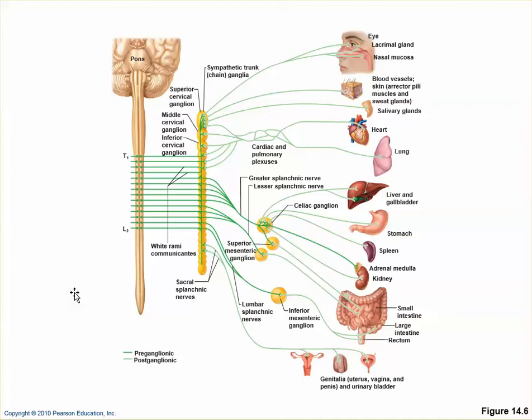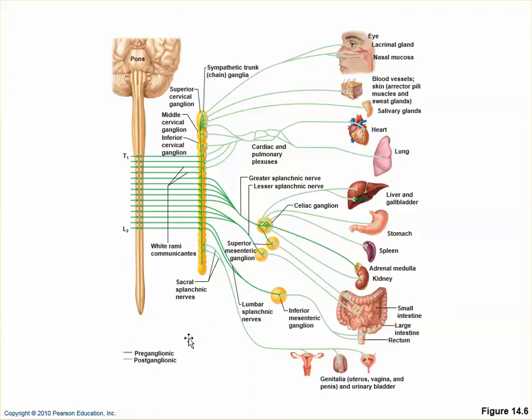So there's a greater and lesser splanchnic nerve that end up in the celiac ganglion, which is commonly known as the solar plexus. There's a superior mesenteric ganglion. There's an inferior mesenteric ganglion. So there's really a ganglion that matches up with each major artery that leaves the aorta. These ones here are the renal ganglion.